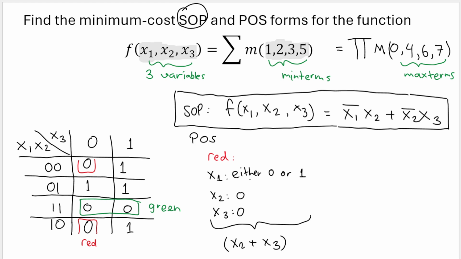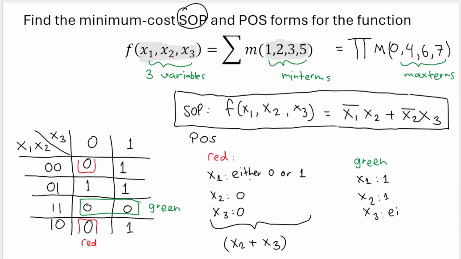Now let's work on the green group. What is x1 in the green group? x1 is 1 here, and x2 here is also 1. And then x3 here is either 0 or 1.